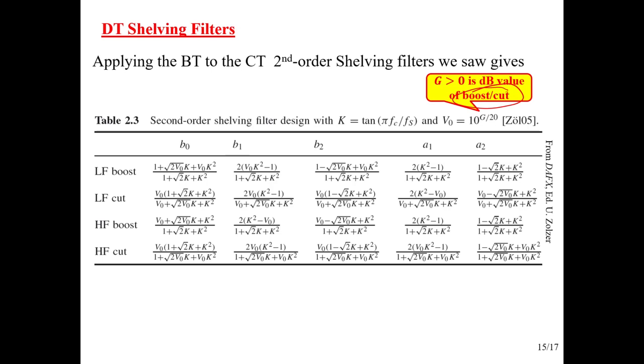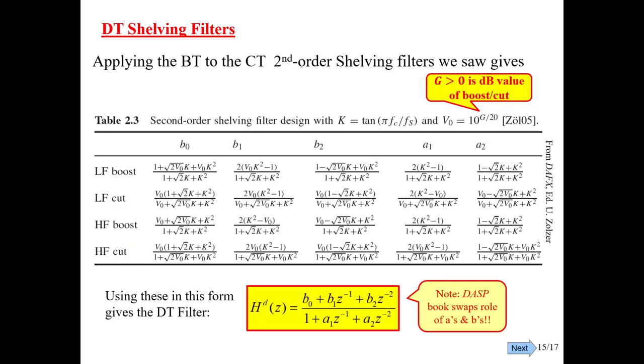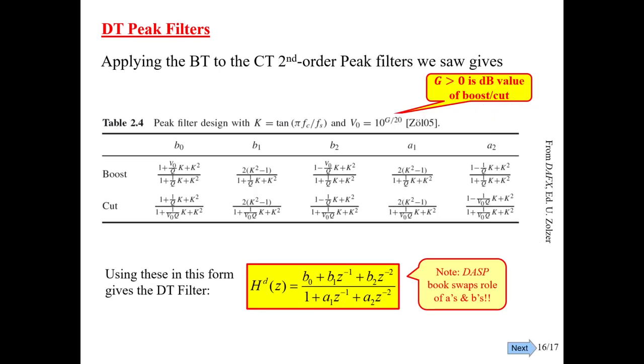So if you want to cut, if you want it to dip down to minus 10 dB, you'd put in G equal to 10 dB, you'd calculate your V0 accordingly, and then you'd use the cut form, either low frequency or high frequency cut. So that's the idea. And again, same caveat there.